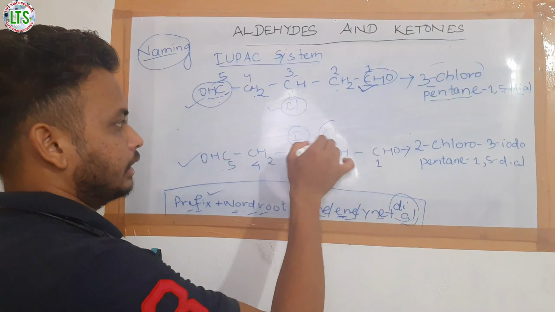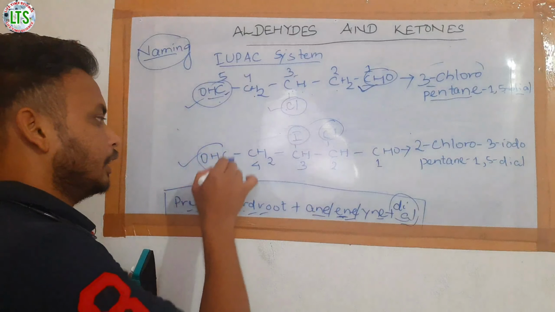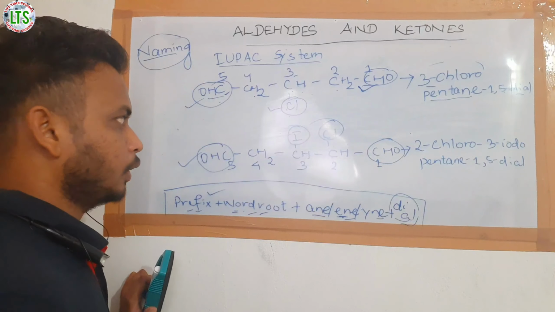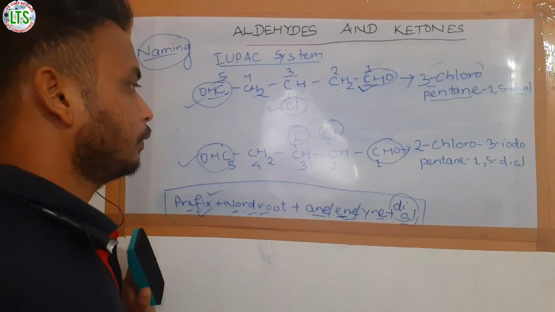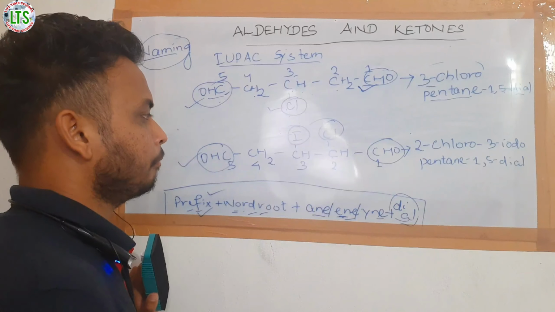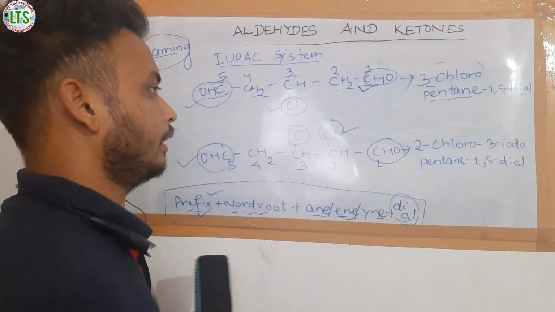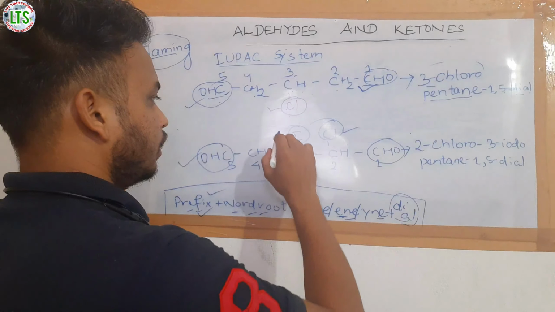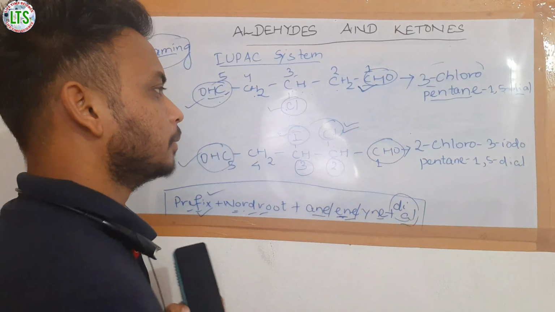Next, another type of compound is CHOCH2CHICHClCHO. Here also two CHO groups are there. So we can write according to the procedure. First we have to write the prefix. If more than one prefix is there, we have to write according to their alphabetical order. So at carbon number 3 position, one is iodo group, and at carbon number 2 position, one is chloro group.